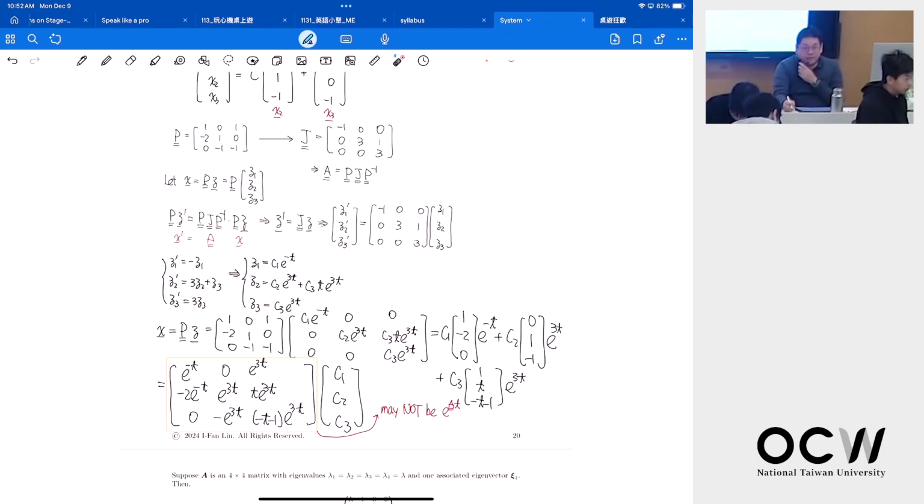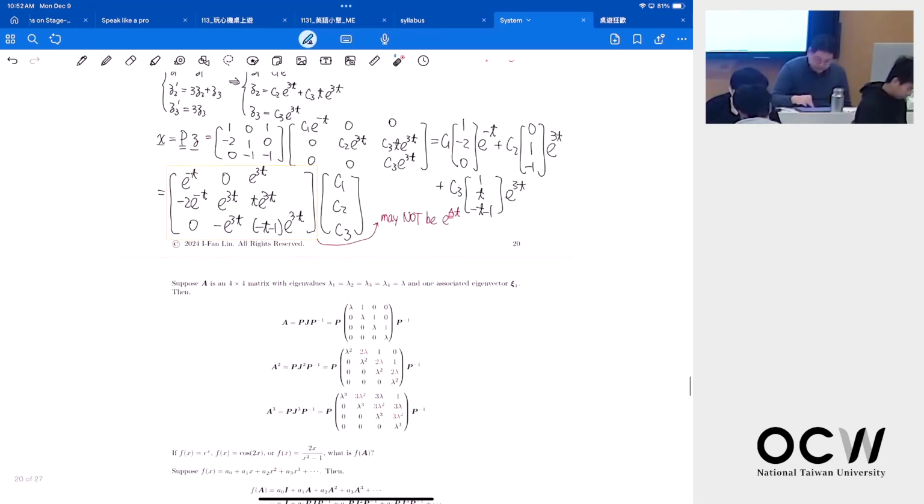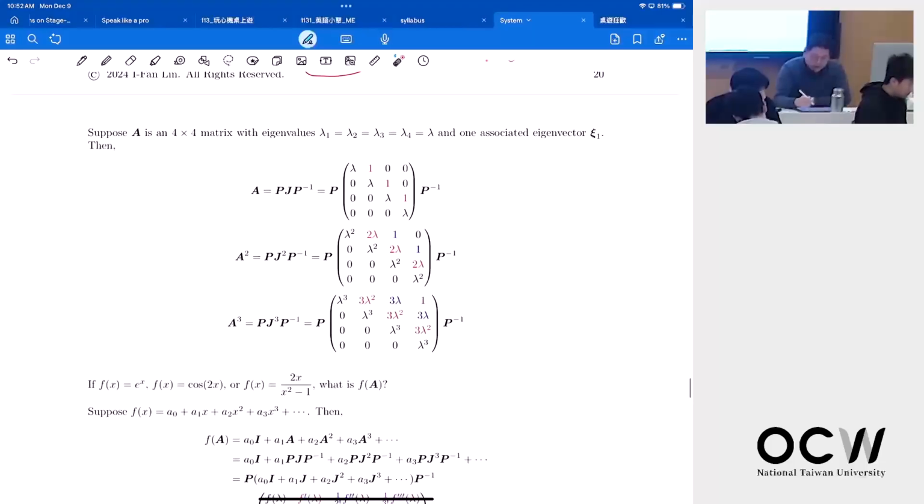Then you may ask how can I find e to the At, the exponential matrix form? Especially if I have repeated eigenvalues, but I cannot find enough associated eigenvectors, then I need to use the generalized eigenvectors. Then how can I express e to the At? Here, suppose A is a 4x4 matrix.